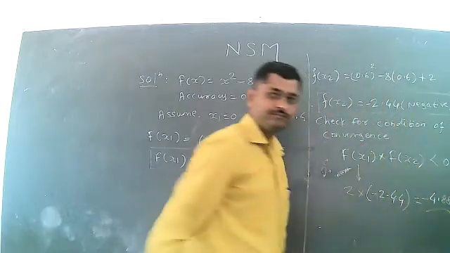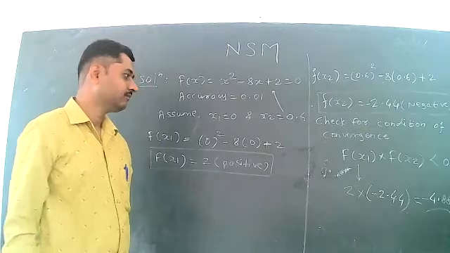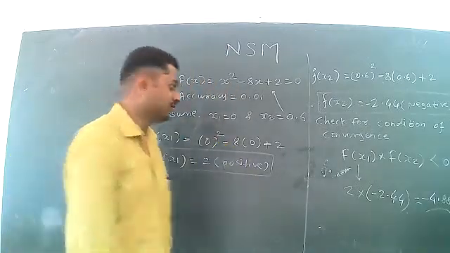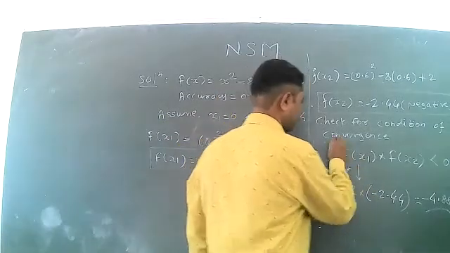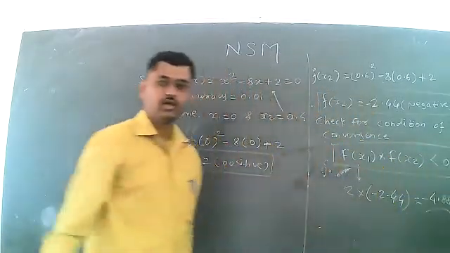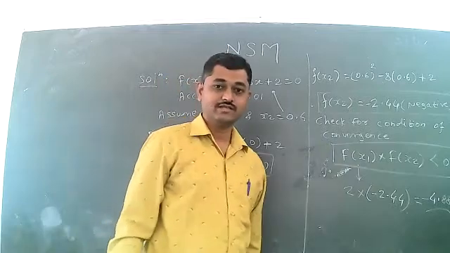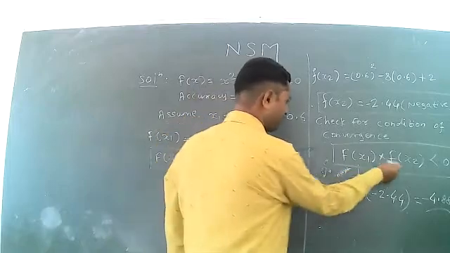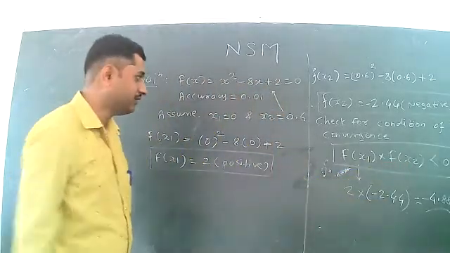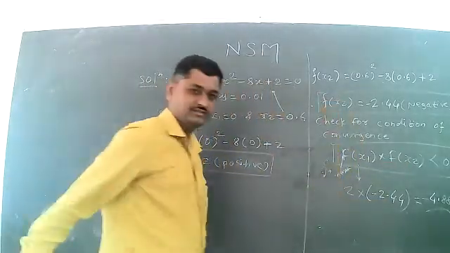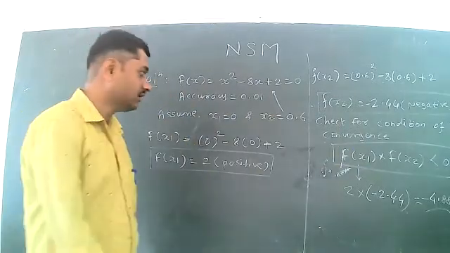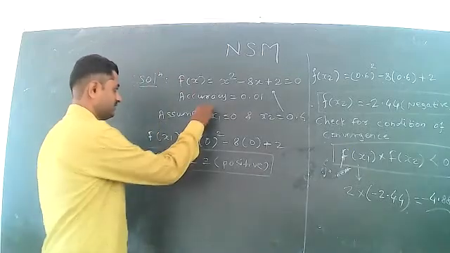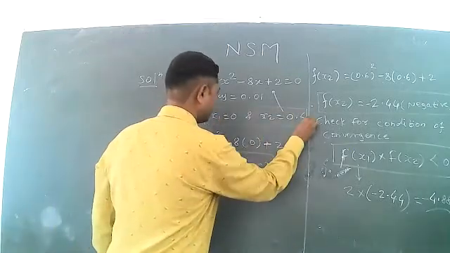Minus 4.88 is less than 0, which means our initial guesses x1 and x2 are correct because the condition of convergence is satisfied.